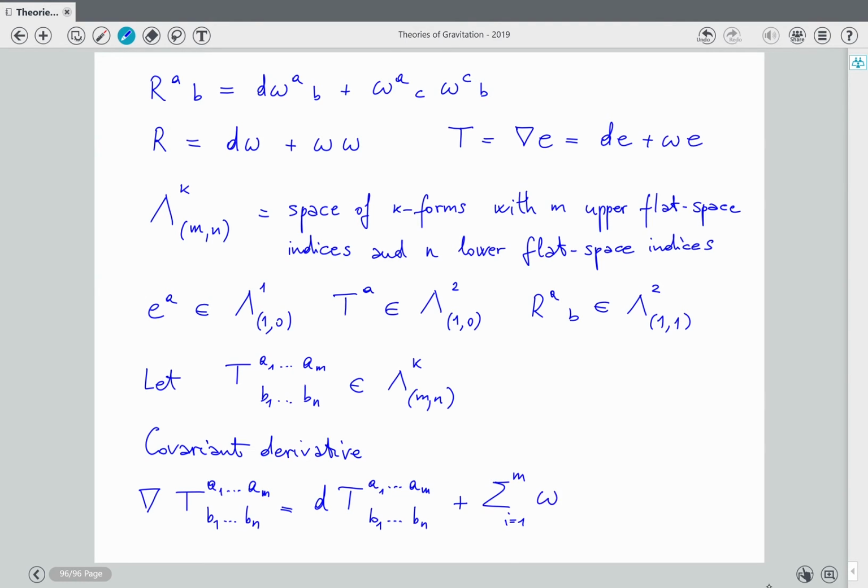You have omega, AIC, T, A1. Here it means that you suppress the index AI and you replace it by C, and you do the same for everyone.